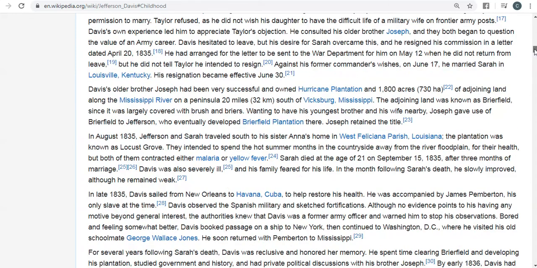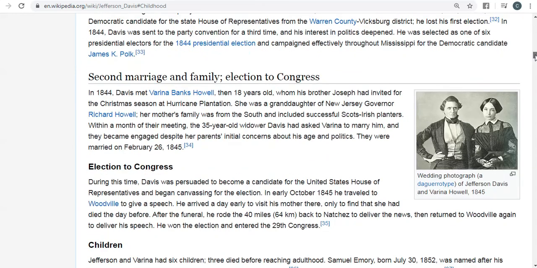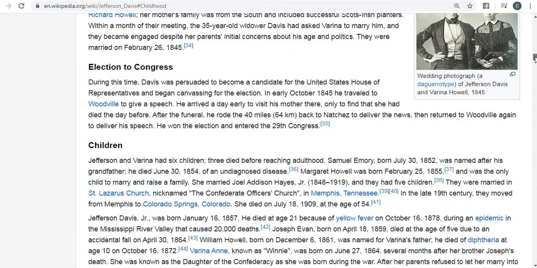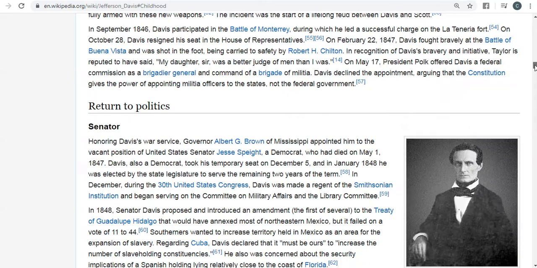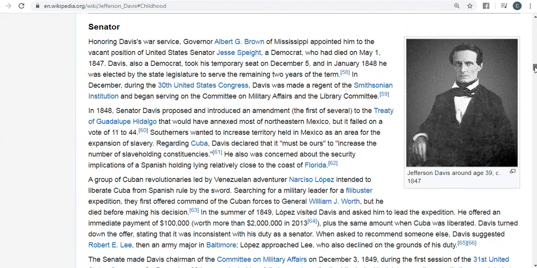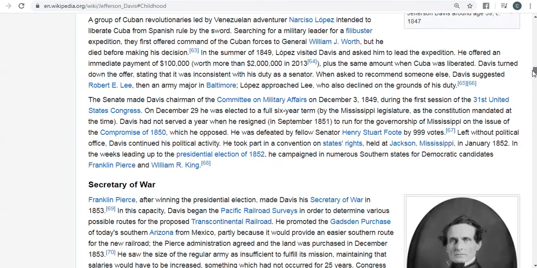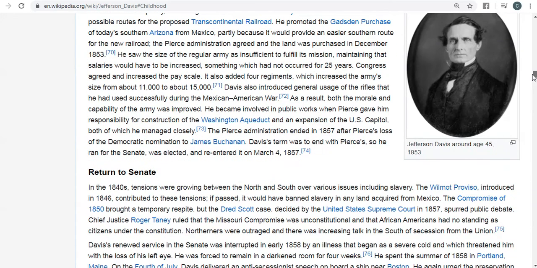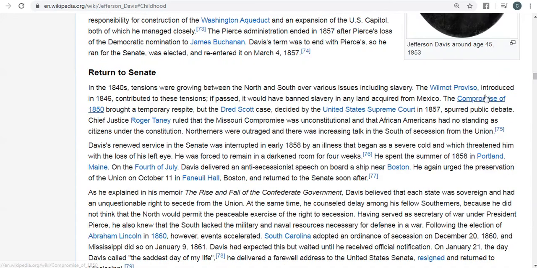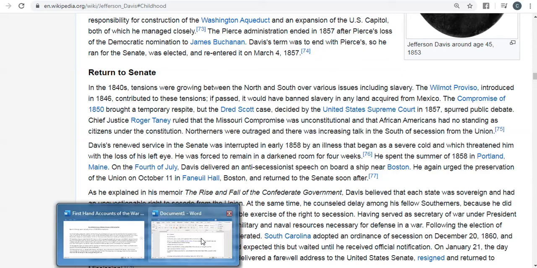Okay, political offices. He was a member of Congress. He was a senator from Mississippi. Okay. He was a Secretary of War. Good grief. Okay, I'm happy with that. So back to my Word document.